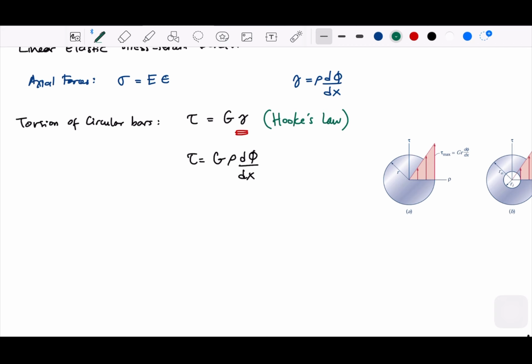First, we need some assumptions. If this is linear elastic, then one good assumption is to assume first that the torsion bar is homogeneous. What does that mean? That means G will be constant.